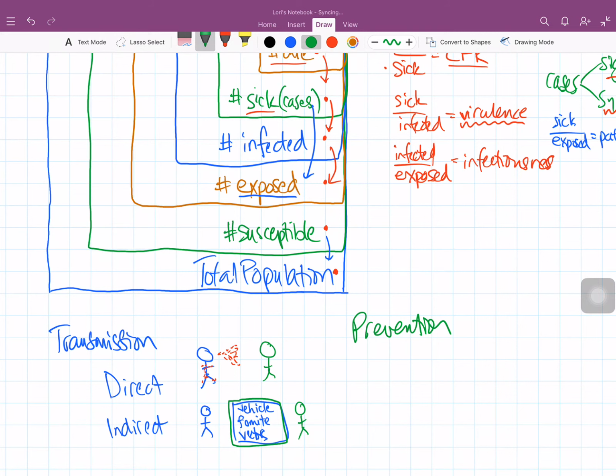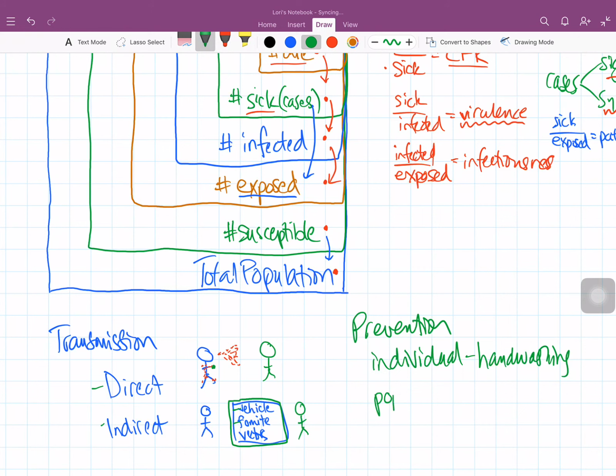On an individual level, and this can be for both direct or indirect, I would say that hand washing is the single most important thing that people can do to prevent transmission, whether because they touched something contaminated, or by directly touching that particular person. So hand washing is the number one thing we do on an individual, case-by-case basis to help prevent the transmission of infectious disease agents.